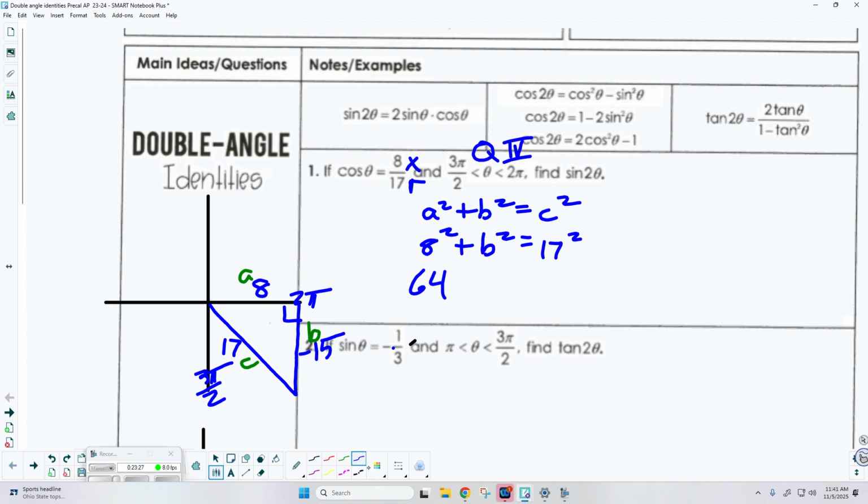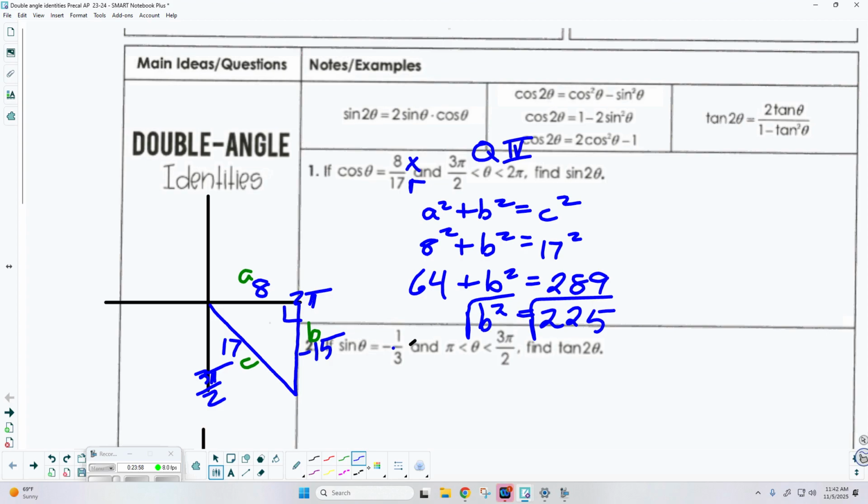Well, we know 8 squared is 64. 17 times 17 is 289. Sorry, I misheard the first time. Now, if I subtract, 289 minus 64 is 225. When I take the square root, that's where I get the 15.